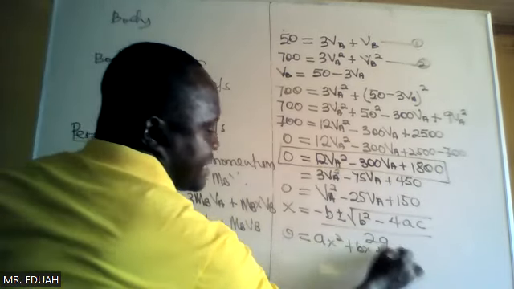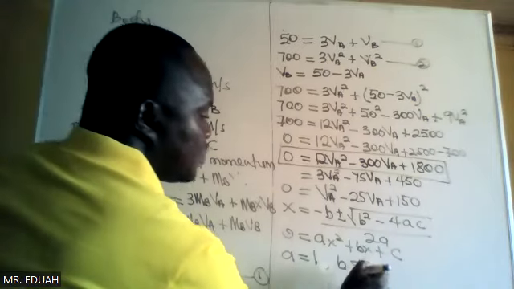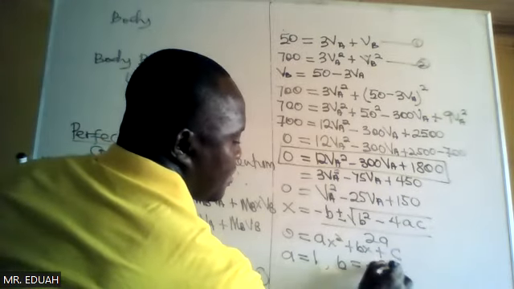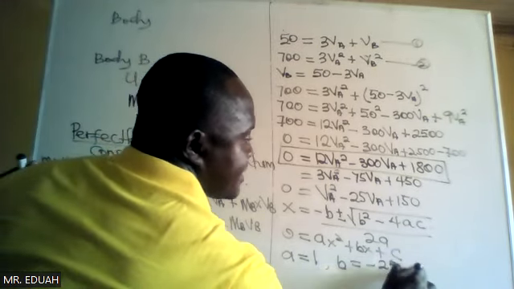So when you compare, you realize that over here, a will be equal to 1 because our x is VA. A is equal to 1. B is equal to negative 25. C is equal to 150.